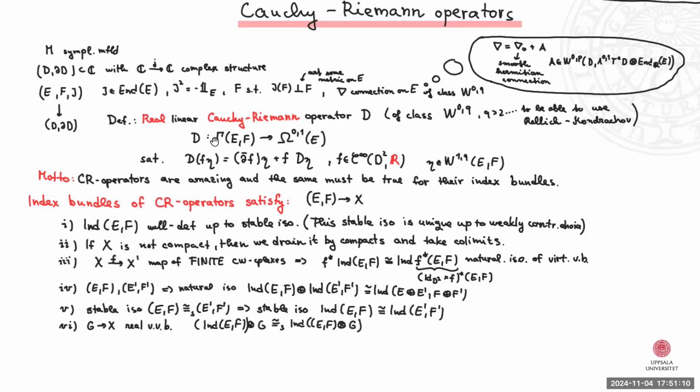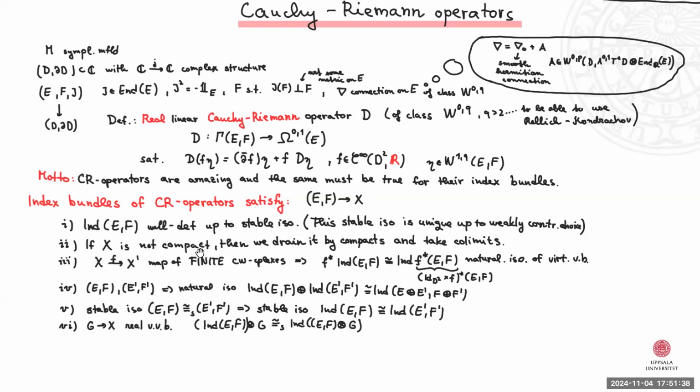Okay, and those Cauchy-Riemann operators, they have to satisfy this Leibniz rule. So what is the motto when you work with such fellas? They are amazing, and the same thing has to be true for their index bundles. So now we are gonna take some bundle pair parametrized over some finite or some nice CW complex.